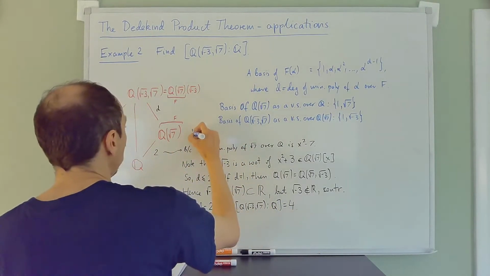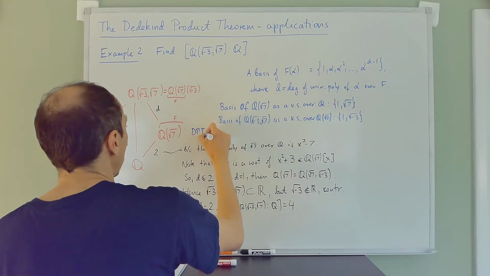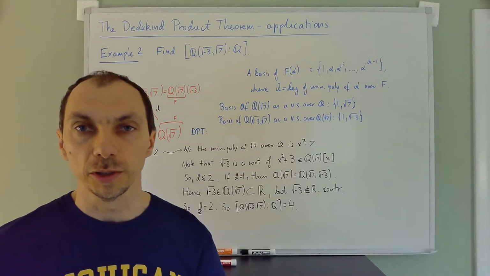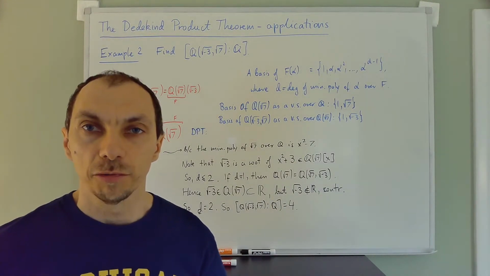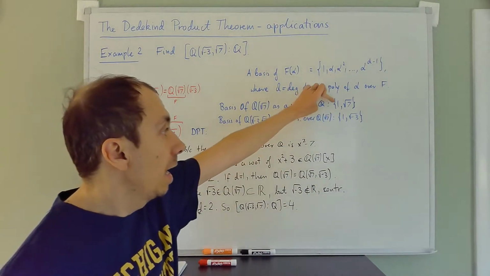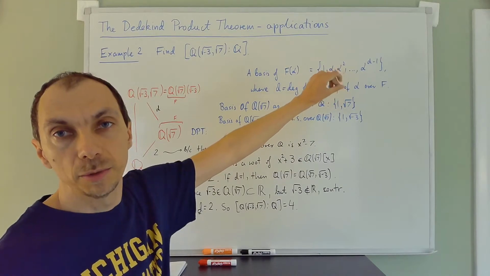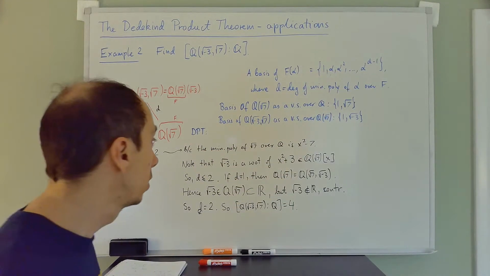So now by the Dedekind product theorem, the theorem not only gives you that the degrees multiply, it also tells you how to get the basis. If you recall, you take every element in this basis and every element in that basis and multiply them together, looking at all the possible combinations.